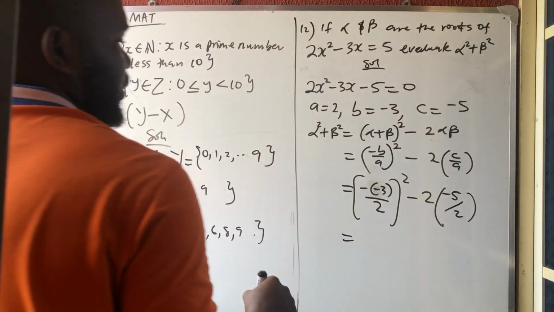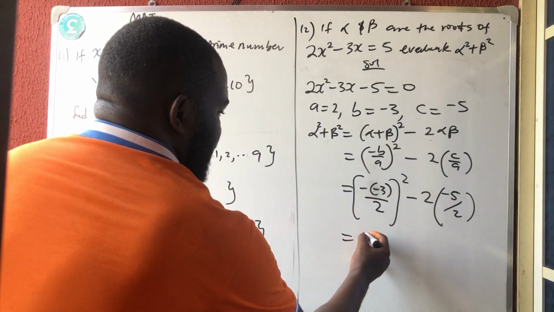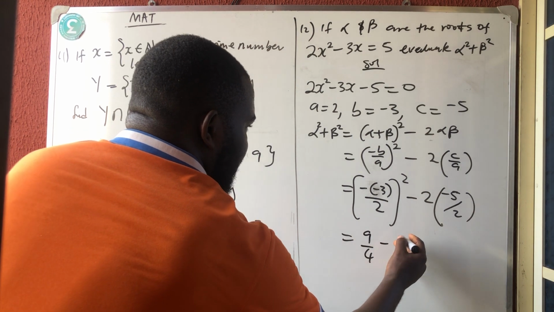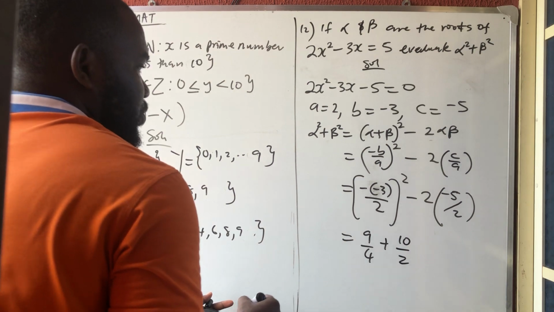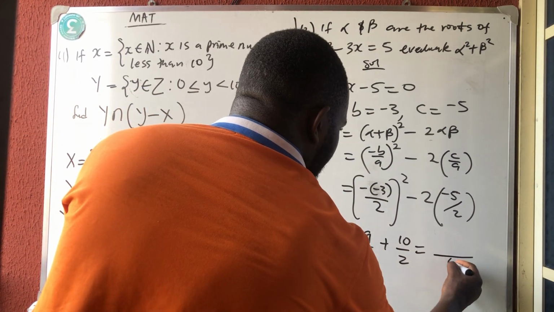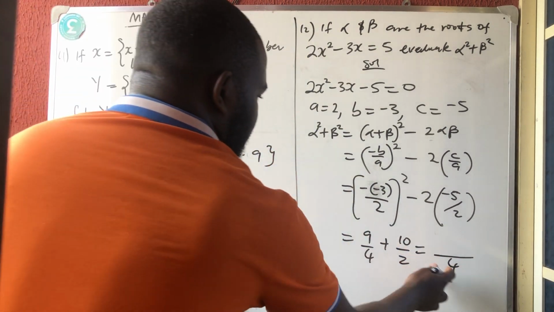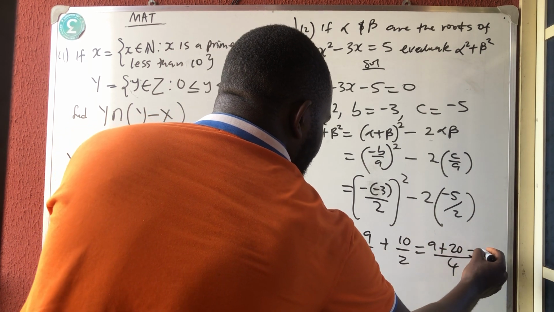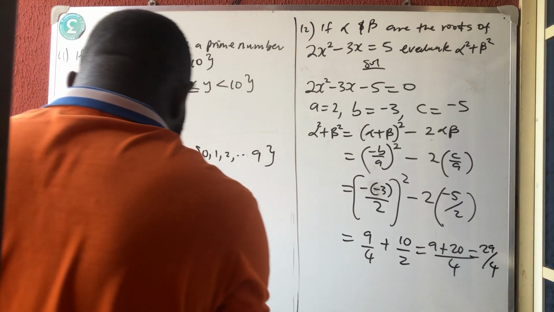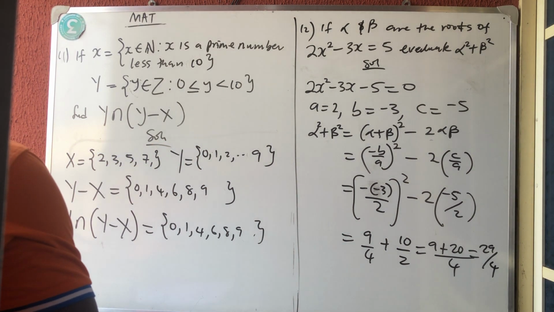So I'm having 3 squared is 9 over 4, minus, this time this will give you plus 10 over 2. So the LCM there is 4. And 4 into this is 9 plus 20, which will give you 29 over 4. So 29 over 4 is the result.